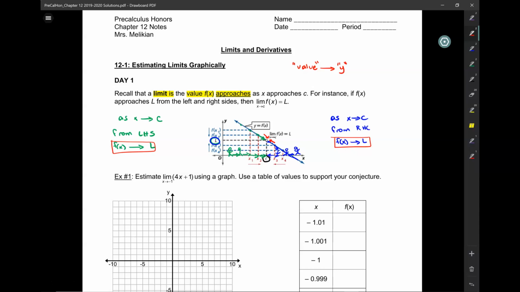I say that the limit of f of x as x approaches c is equal to L.